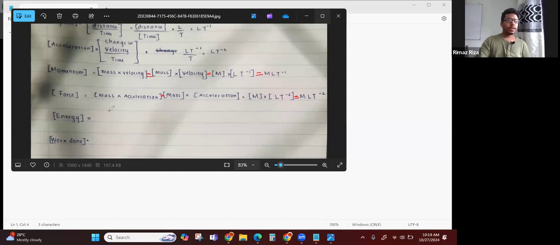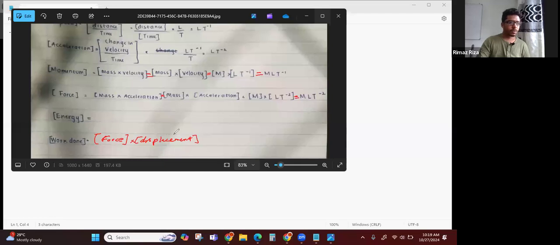Now what is the energy? Suppose we can do it with the work done first. So work done is force into displacement. Force into displacement.